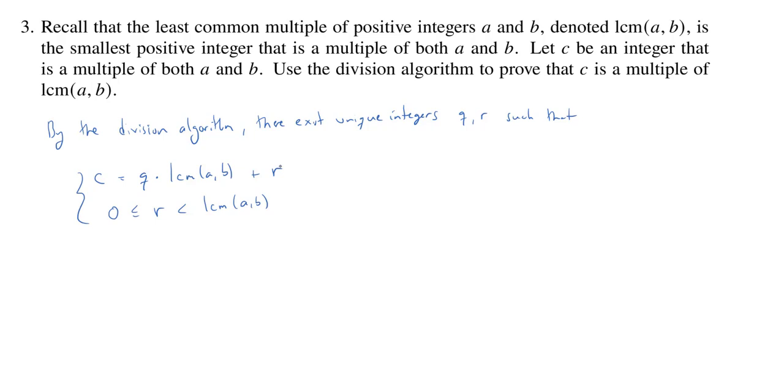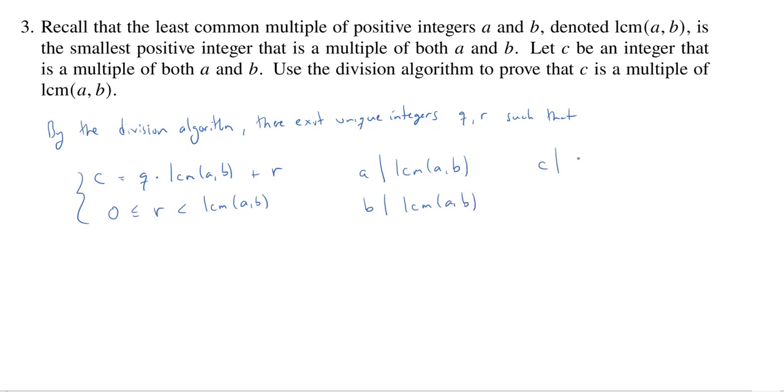All right, well, what information do we have? We know that the least common multiple of a and b is a multiple of a and b. So a divides the LCM, b divides the LCM. We also know that c is a common multiple.